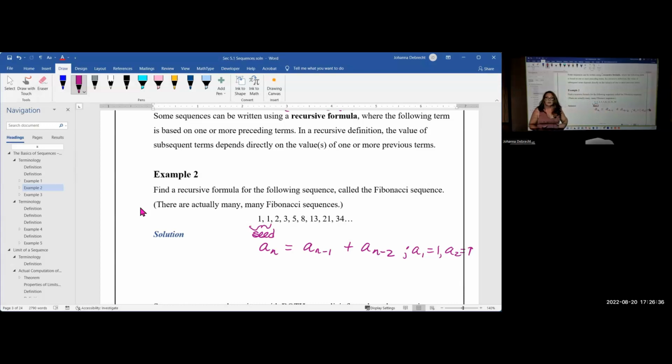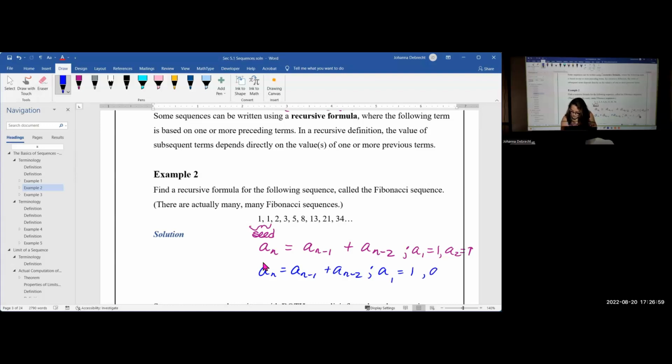If I change the seed, I change the Fibonacci sequence. It's still a Fibonacci sequence. The rule is the same, but the list would look different. So let's see what happens. If I keep the rule the same, it's still a Fibonacci sequence, but I change the seed.